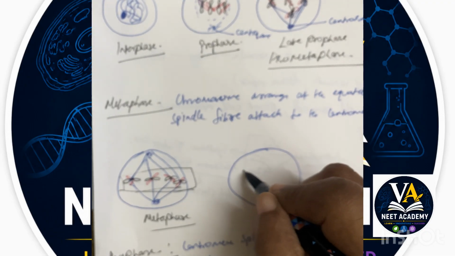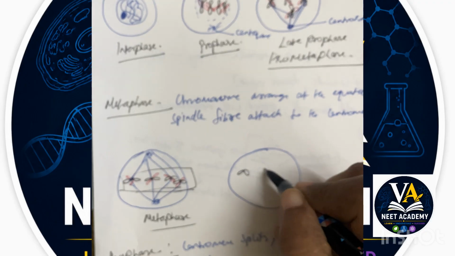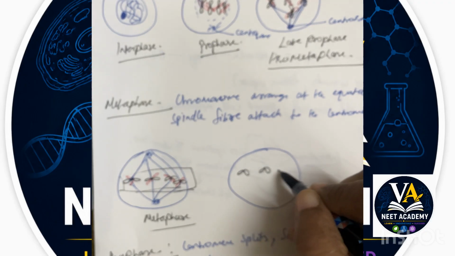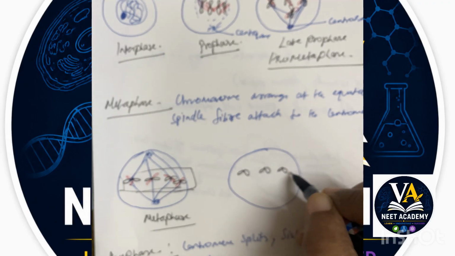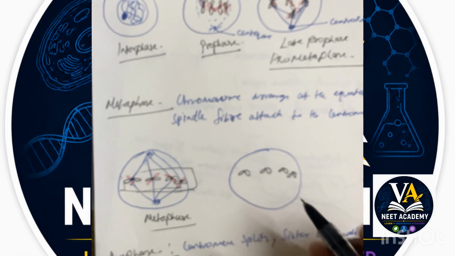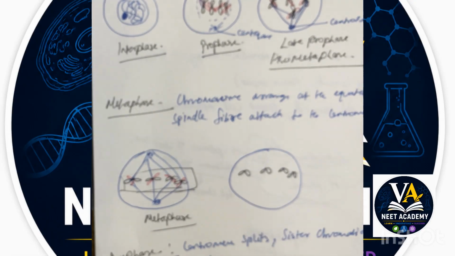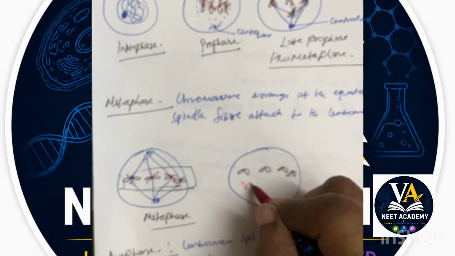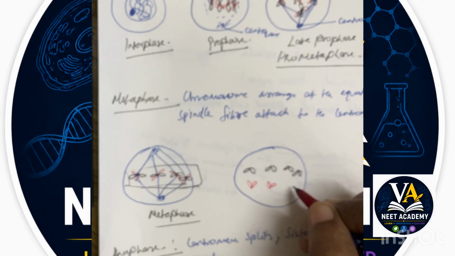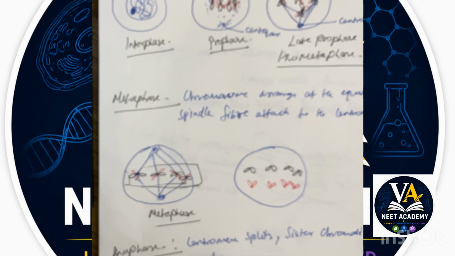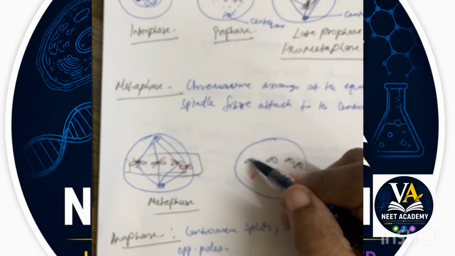Now why does the chromatid split? Because the centromere splits. Okay, so there is the splitting of the centromere. So this is your sister chromatids, right? Okay, so this sister chromatids are split because the centromere splits.